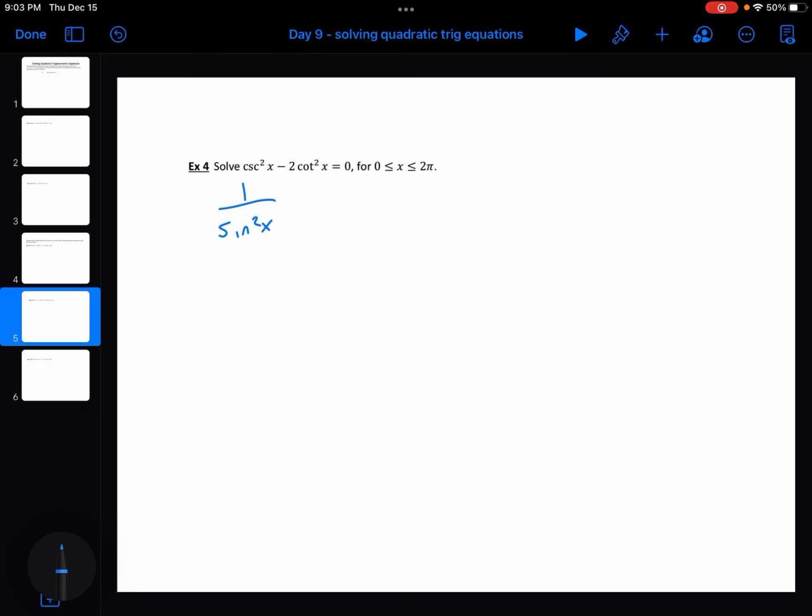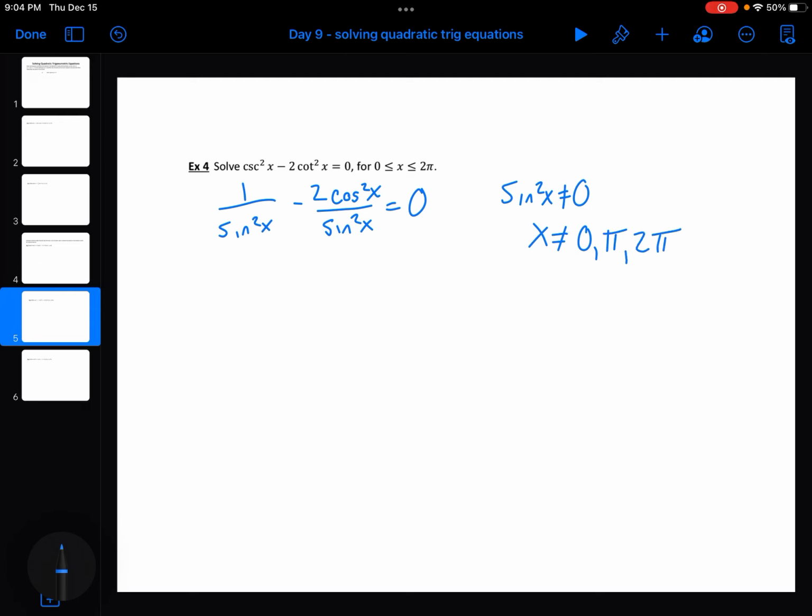So I get 1 over sine squared minus 2, because that 2 is just there, and I'm going to have cos squared x over sine squared x equals 0. Now I need to state that sine squared x cannot equal 0. So that tells me that x cannot equal 0, pi, and 2 pi.